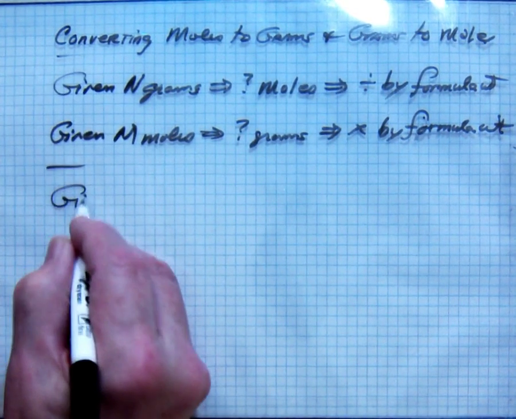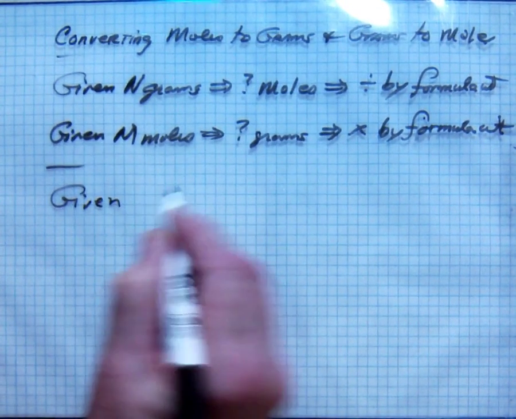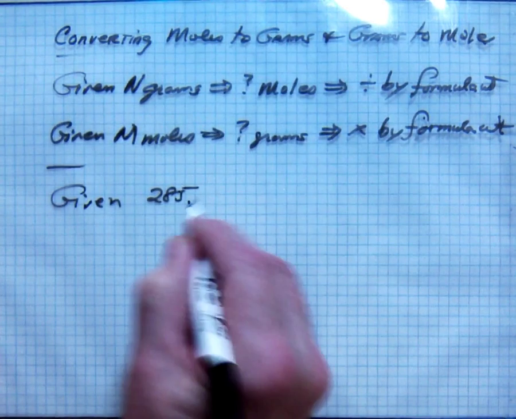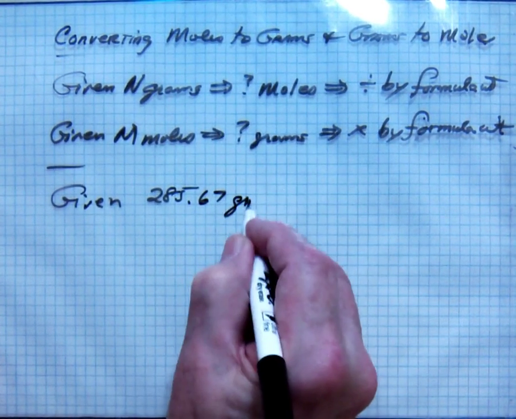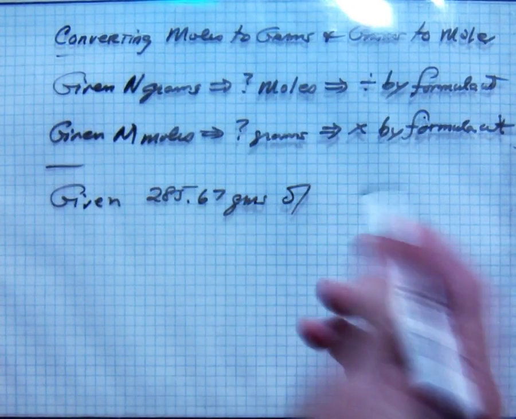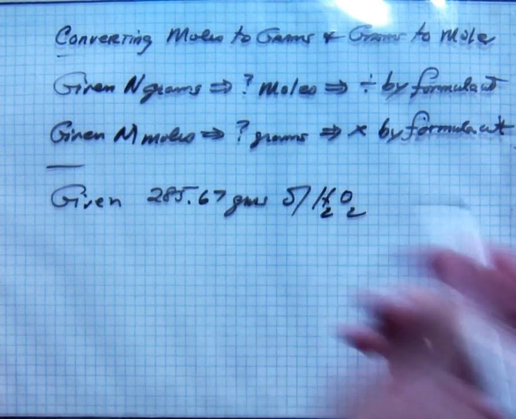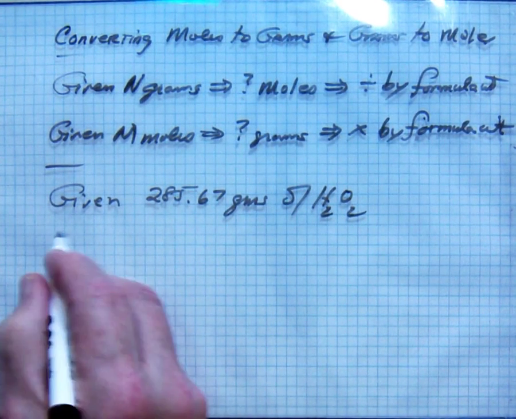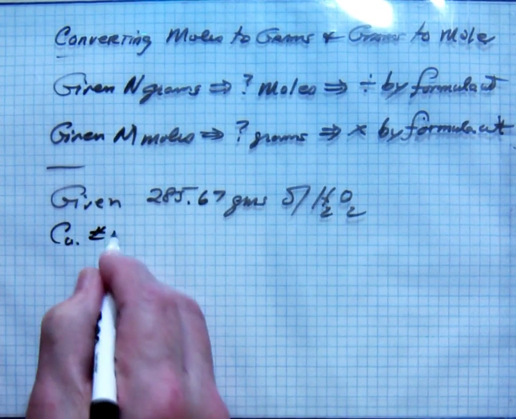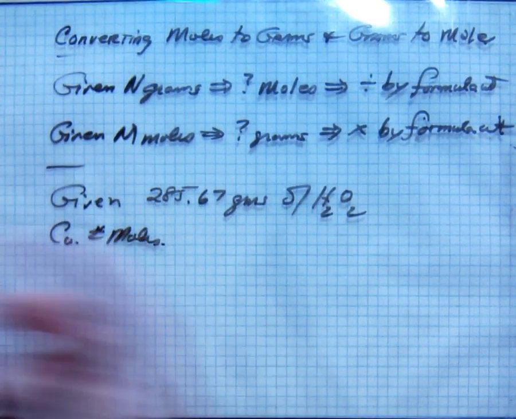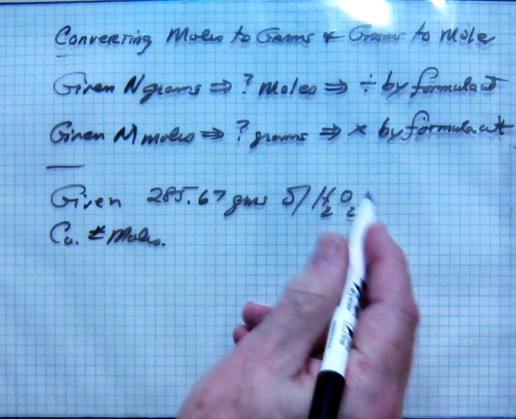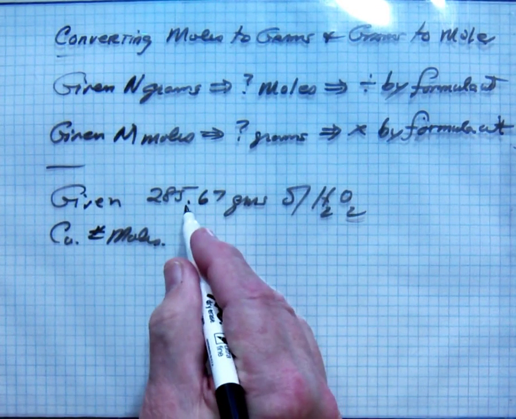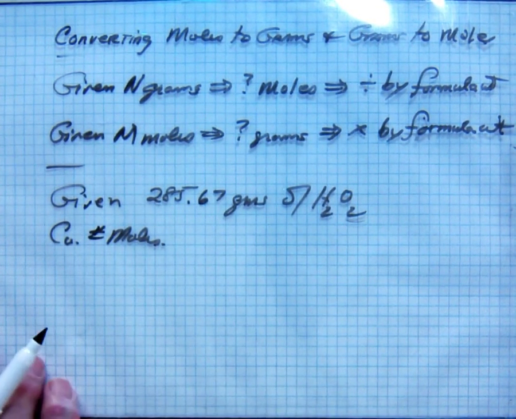Okay, you're given 285.67 grams of H2O2, hydrogen peroxide. Calculate number of moles. Well, you need the formula weight of H2O2 and divide it into the 285.67.